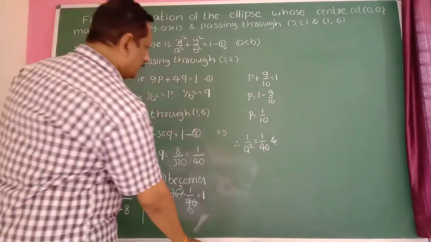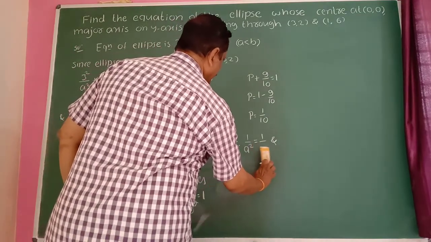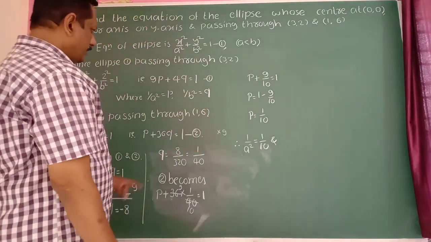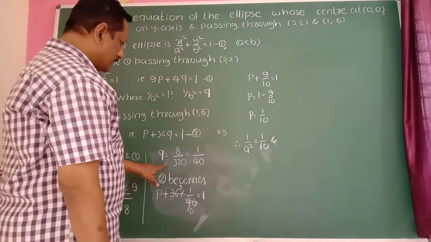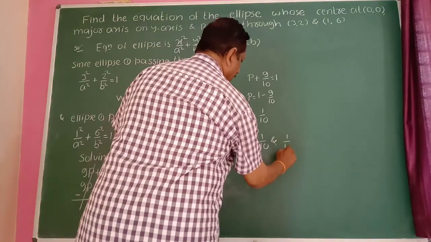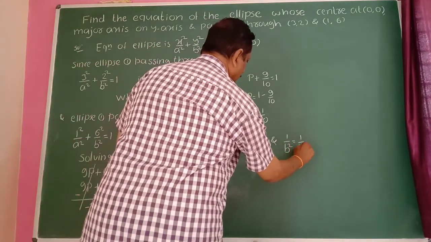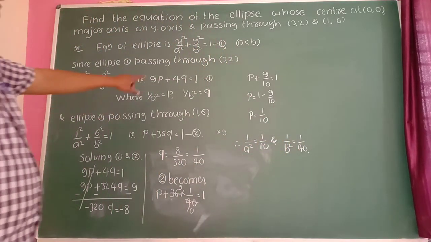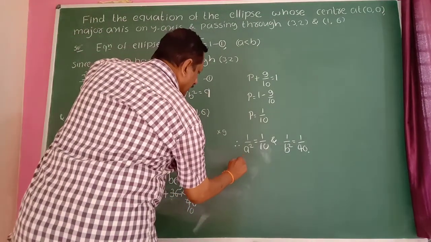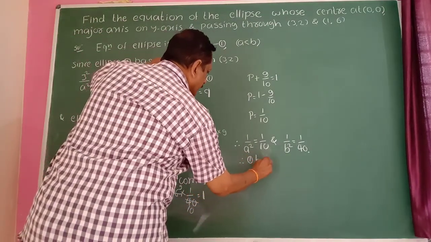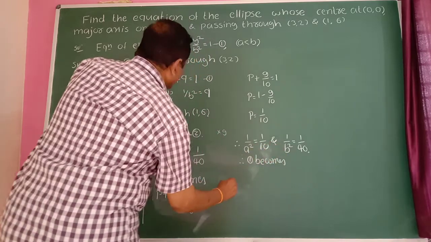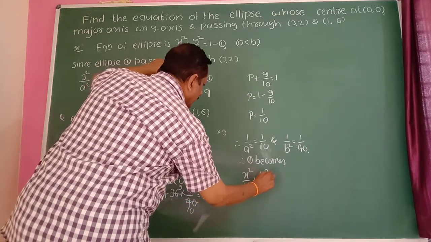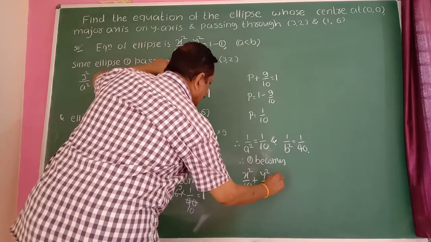Therefore, using equation 1, equation 1 becomes x squared divided by 10 plus y squared divided by 40 is equal to 1.